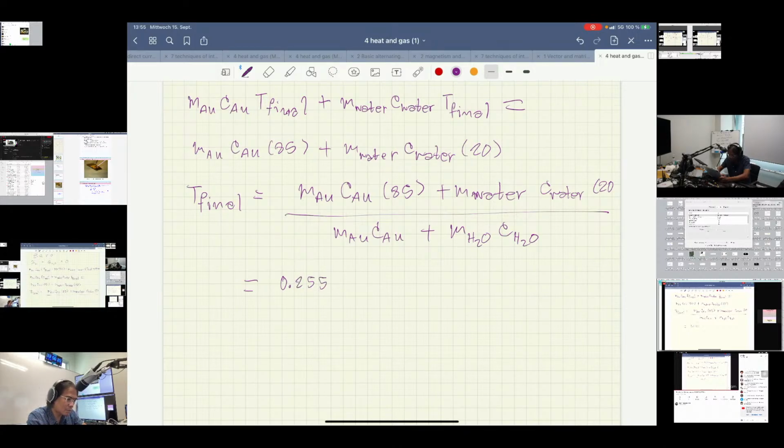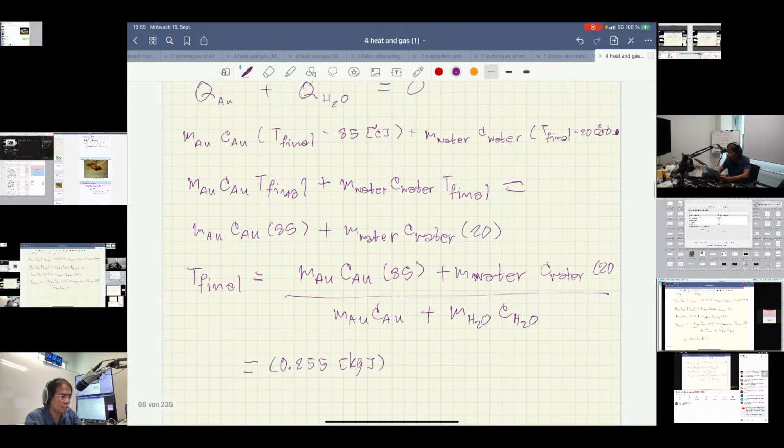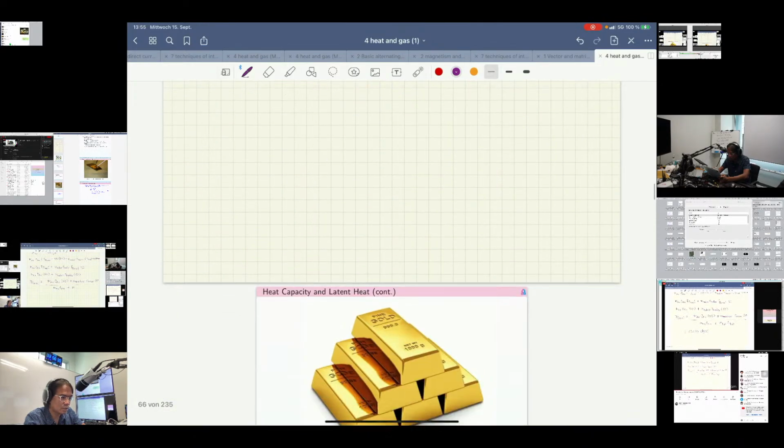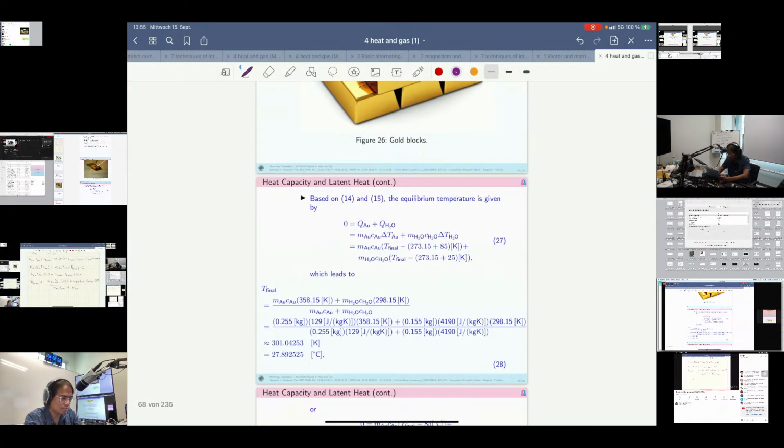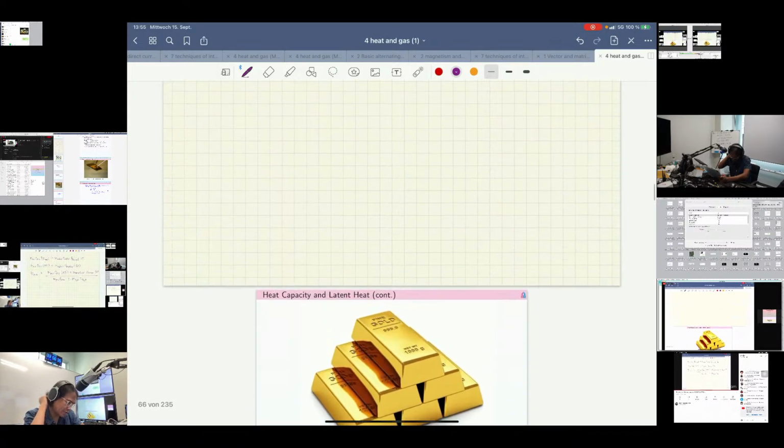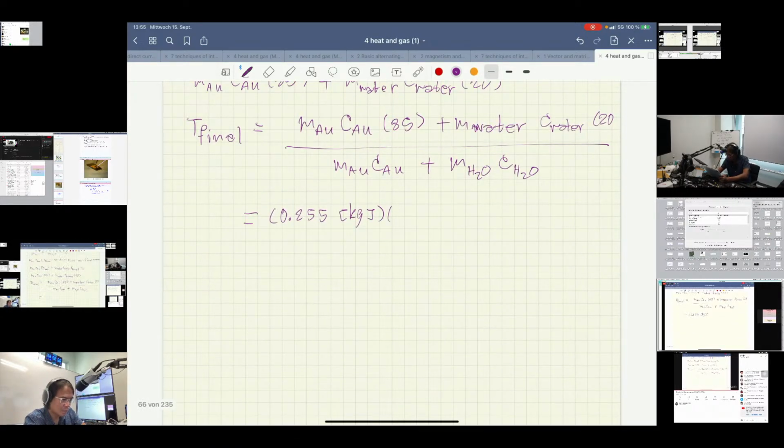0.255 kilogram, right? And the specific heat of copper is provided there, 129. Okay, it's quite good in heat conducting. 129 joule per kilogram and Kelvin, right?